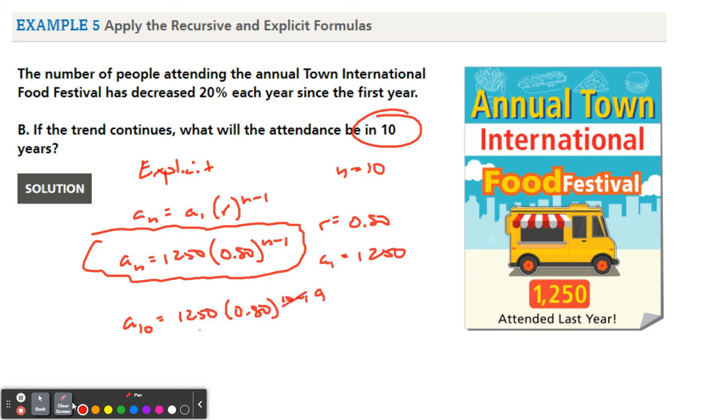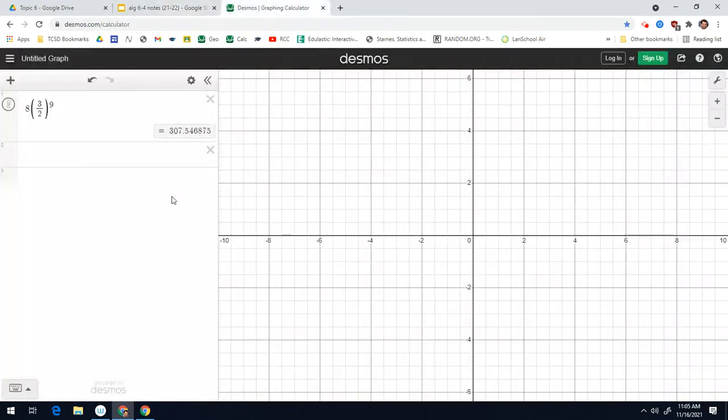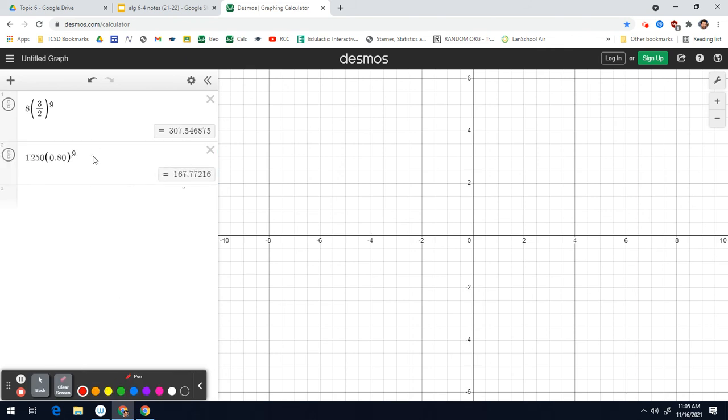I'm going to go into Desmos, and we're going to do this together. 1250 times 0.80, caret button, shift 6, raised to the 9th. And there I go. I'm going to round to the nearest whole person. So the 7 makes this 7 become an 8. So we have a sub 10 is 168.